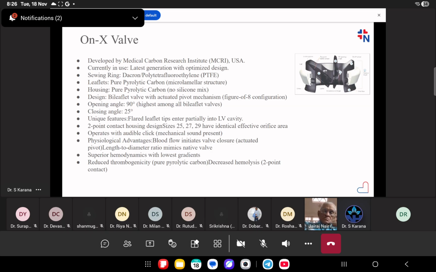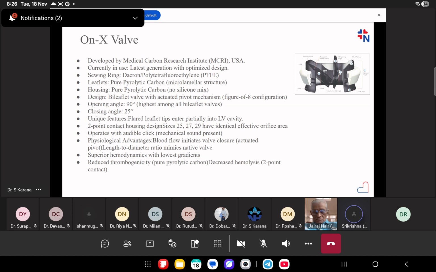What is the major difference between St. Jude and Onyx? One thing is that pyrolytic carbon has a silicon mix when it comes to St. Jude's, and the opening angle, sir. No, I think the most important thing is the hinge point of the leaflets.